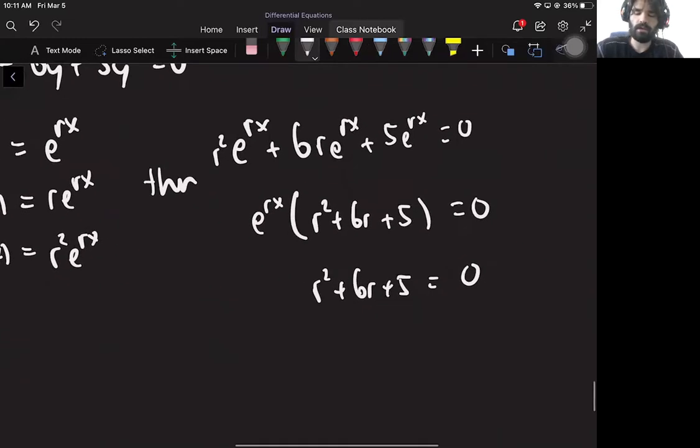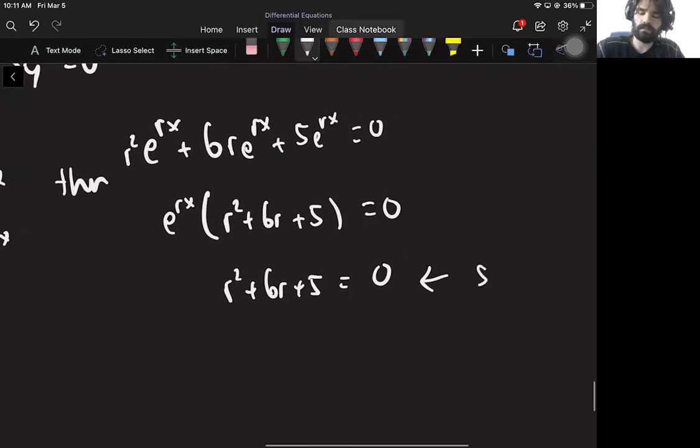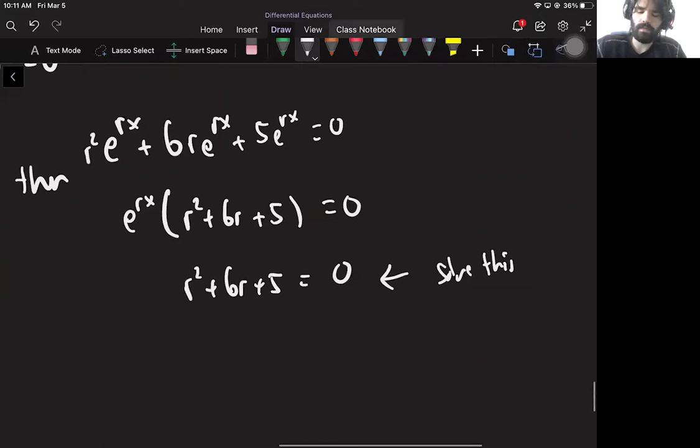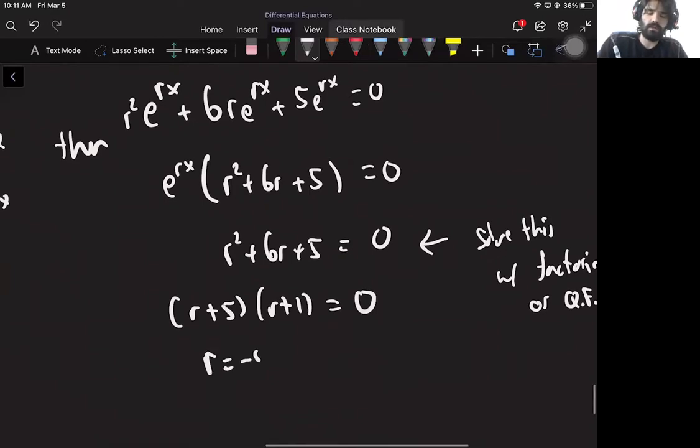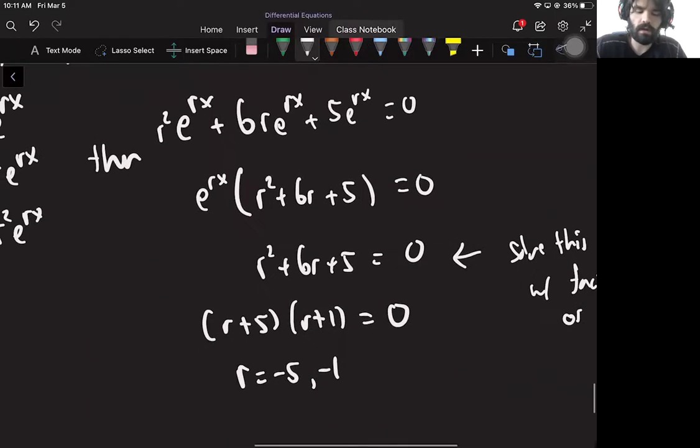Now if I didn't know how to solve this, if I didn't know how to factor it, luckily I do, then I could use the quadratic formula. But because it's a nice factorable quadratic, it becomes r plus 5 times r plus 1. I don't have to do that. So I get 2 values of r. And if you use the quadratic formula, you'll get the same 2 values of r.